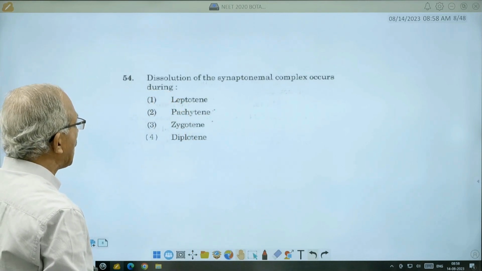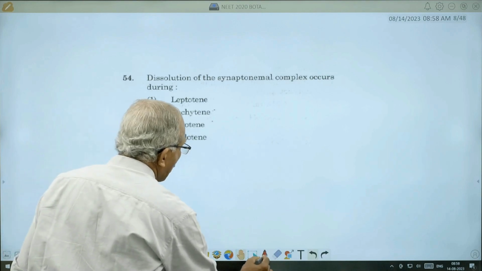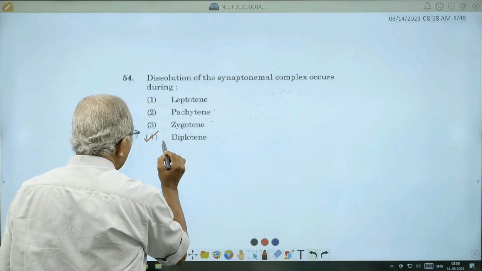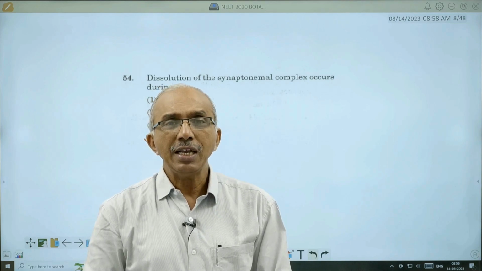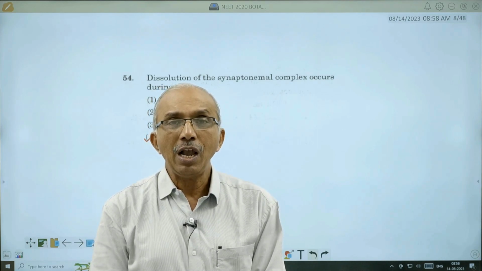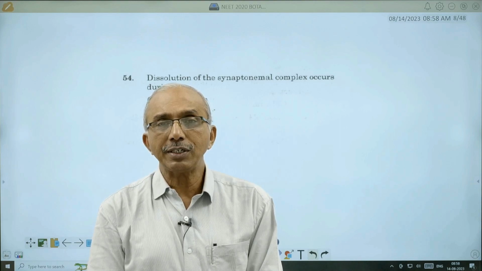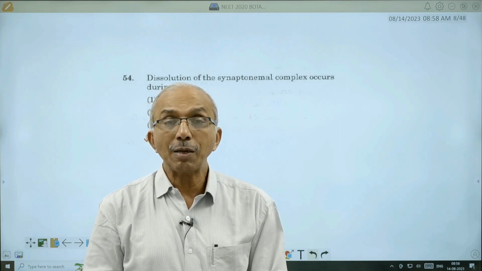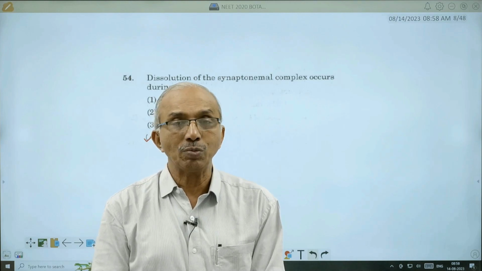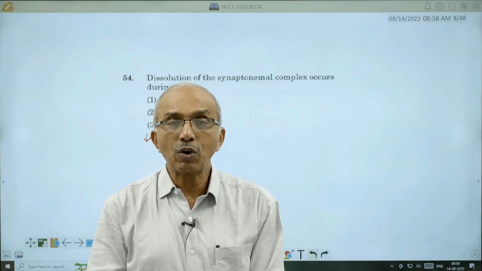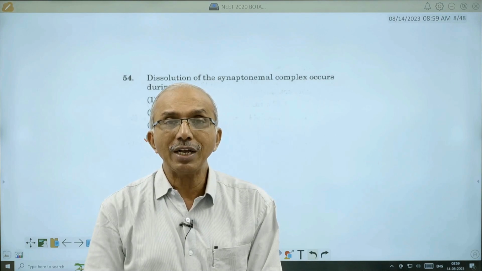Dissolution of synaptonemal complex appears during diplotene. Diplotene is a substage of prophase I. During zygotene, the synaptonemal complex appears, and during diplotene, the synaptonemal complex disappears. Synaptonemal complex is a proteinaceous structure formed in between the paired homologous chromosomes.